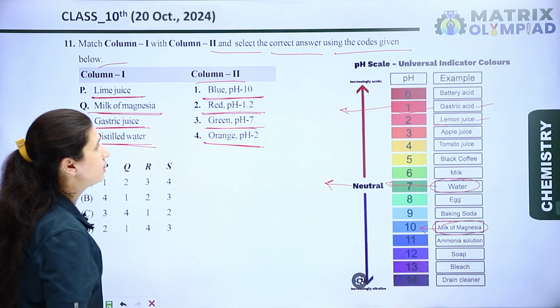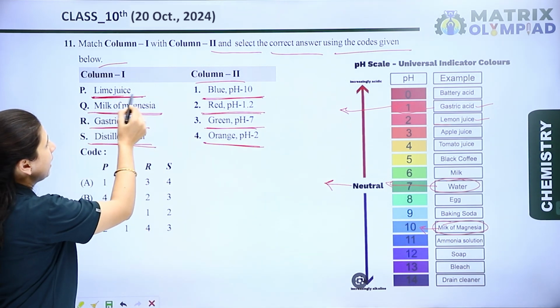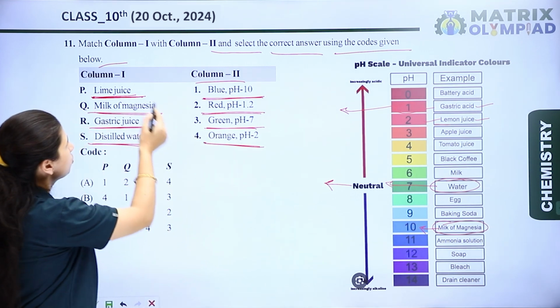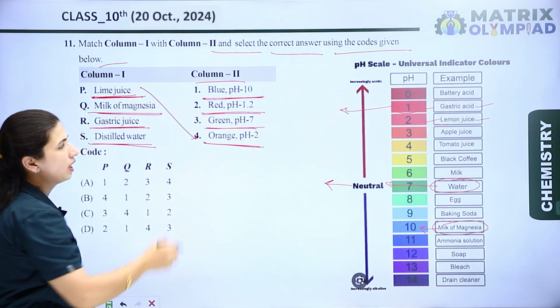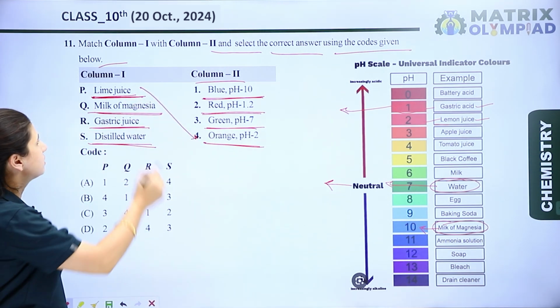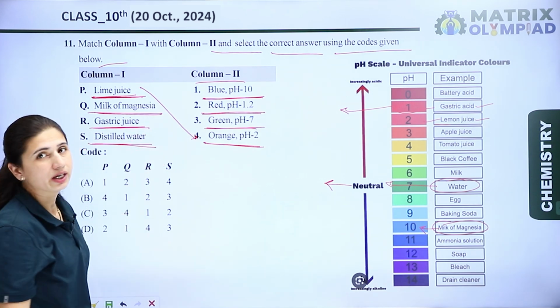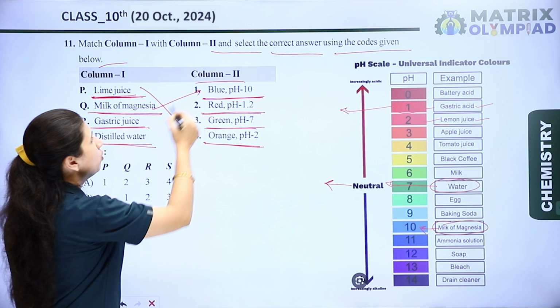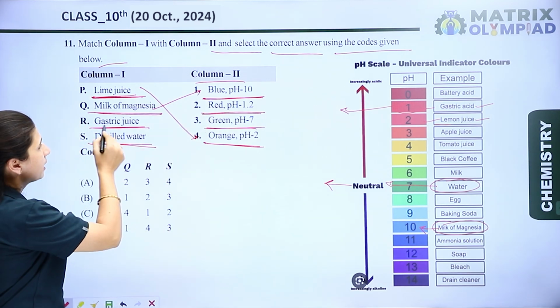So now let's see column first. Lime juice and lemon juice are both equivalent, so lime juice is matched with orange color and pH 2. Next is milk of magnesia. Milk of magnesia is a basic, alkaline solution, so it is equal to blue and pH 10.